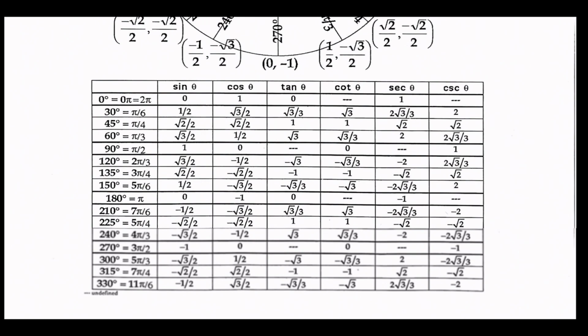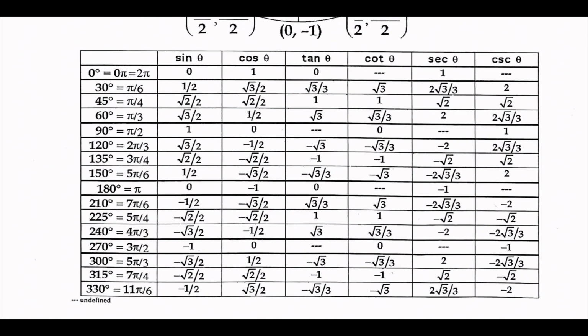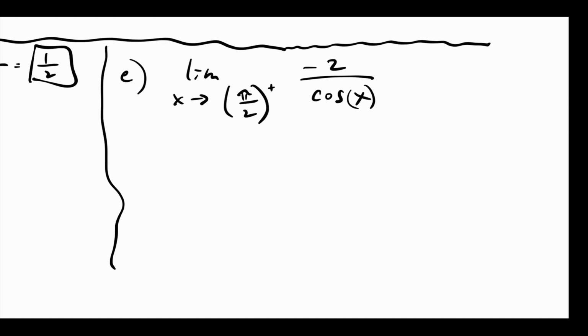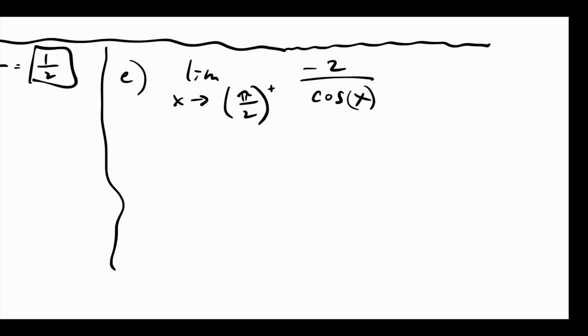Pi over 2, right? Use your values. So we do have a vertical asymptote at x equals pi over 2.